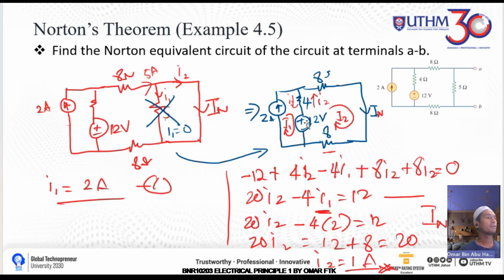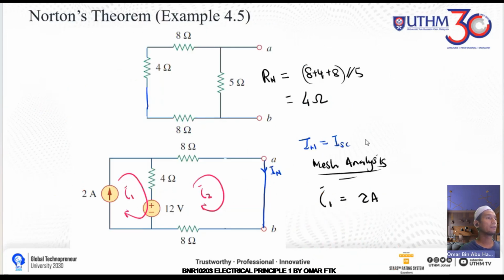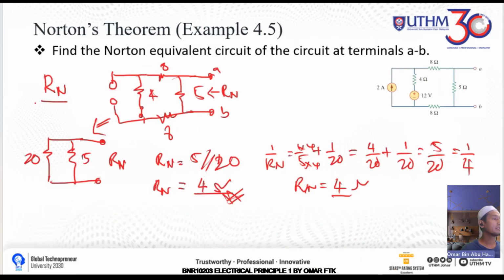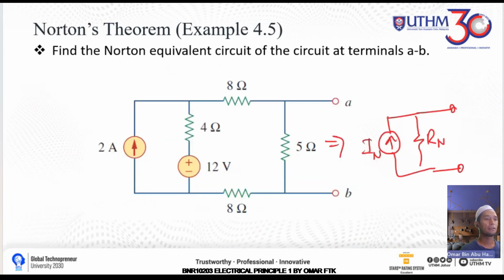Then you can redraw your equivalent circuit: 4 and 1. So here is 4 ohm, and In is 1 ampere. Okay, so we are done with the Norton theorem example.